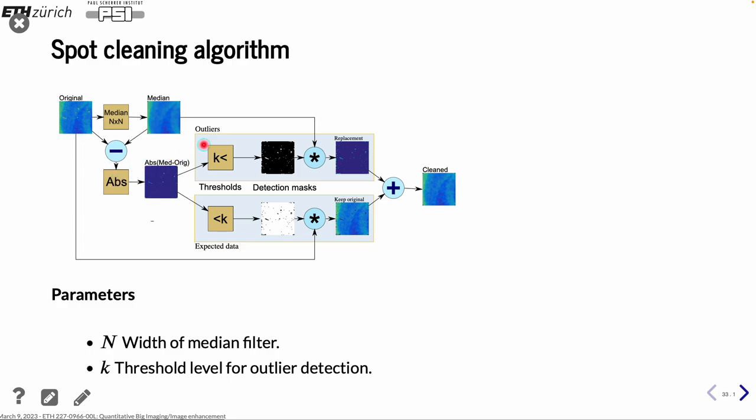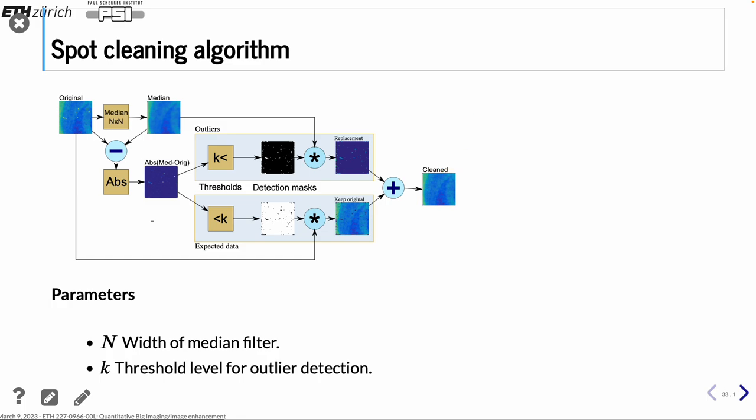From there we can detect if we have outliers, because in the difference image, the outliers would appear as very sharp structures, hopefully distinct from the structures in the image. By this selection, you can take all the outliers and compute a replacement, which is based on the median. Otherwise, you take the image as it was, and then out comes the result.